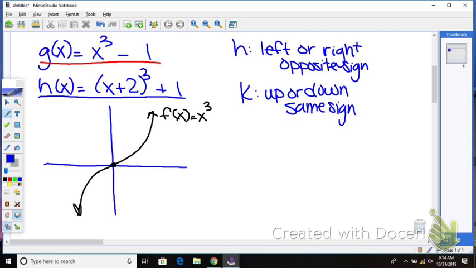Up 1. So I'm going to take a point that I know, which is (0, 0), and I'm going to go left 2 and up 1, and then I'm just going to redraw this graph, sketch the graph. So that's really all we're doing today. We'll be told what the shape of the graph is. You just need to come up with what the shift of the graph is.